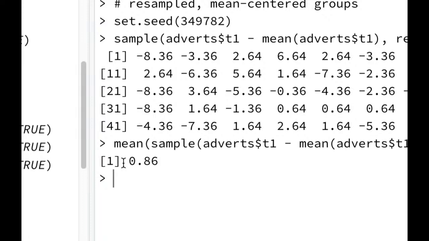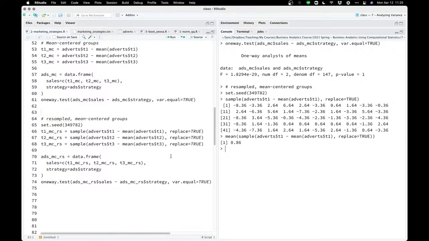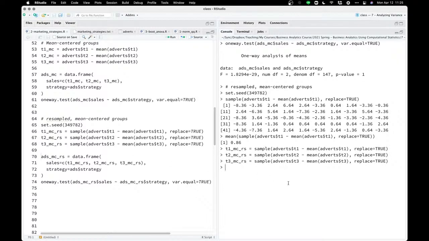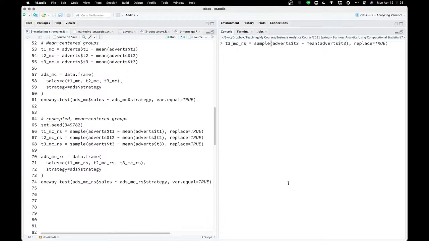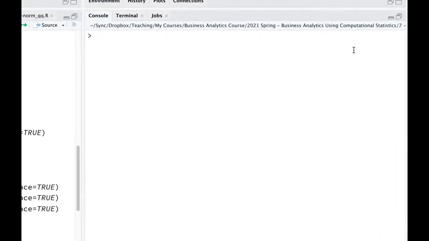It'll diverge a little bit from 0, the way nature does. I'm going to do this 3 times for the 3 treatments. Let me quickly find their 3 means. I'm going to sapply over a list of treatment 1, mean centered, and resampled. The RS is for resample, the MC is for mean centered.